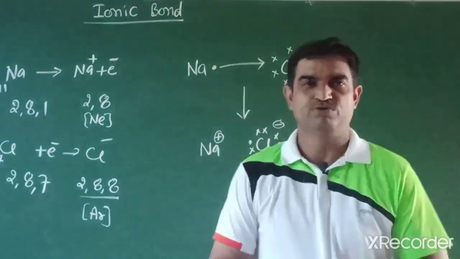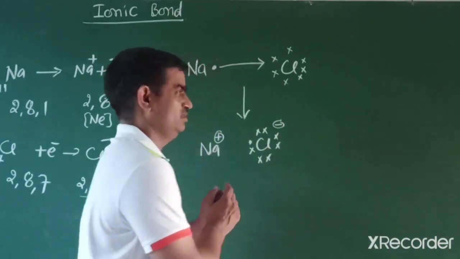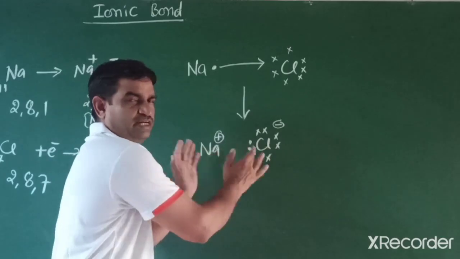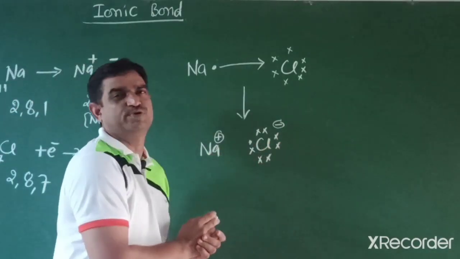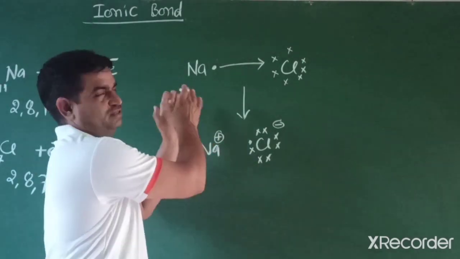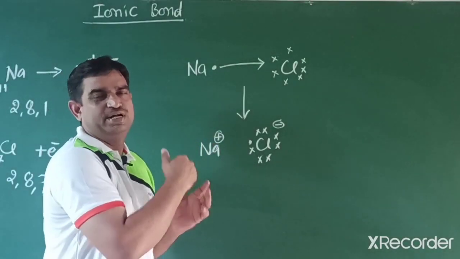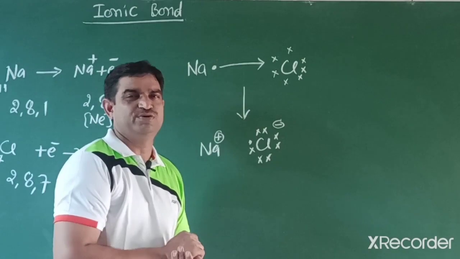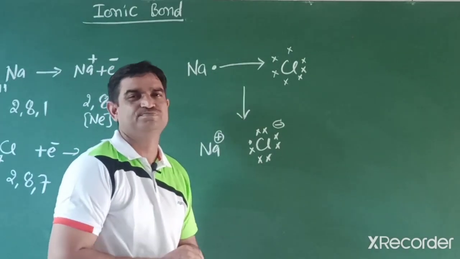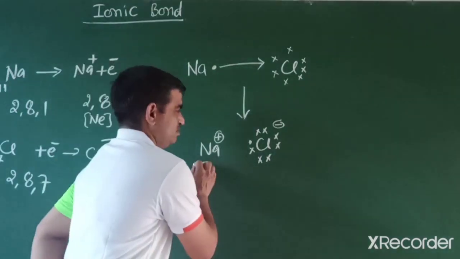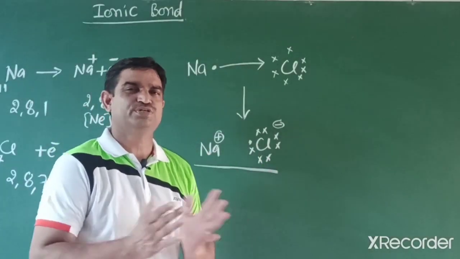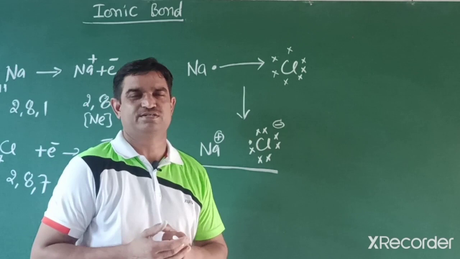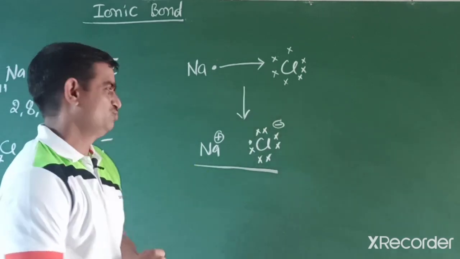Between sodium and chlorine there is a very strong force of attraction. That force is known as the electrostatic force of attraction, or we can say Coulombic force of attraction. This bond is known as an ionic bond, and compounds with this bond are known as ionic compounds. Students, this compound is not a single molecule. Millions of molecules aggregate with each other, they attract and convert into solid state.